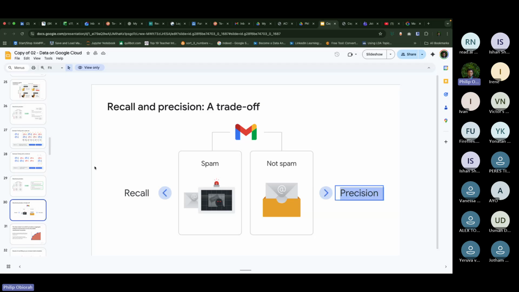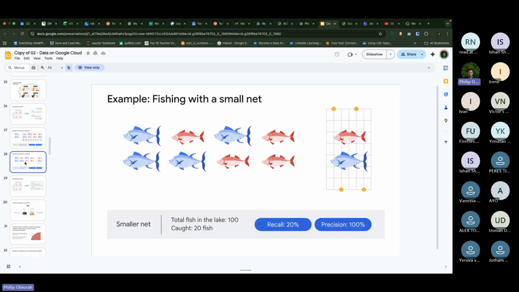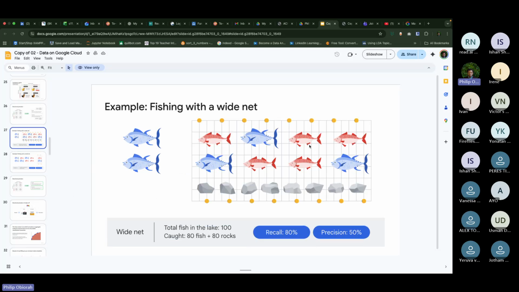All right. When our precision is high, usually our recall rate is what? Low. So just look, for instance, now we have total fish in the lake is 100.